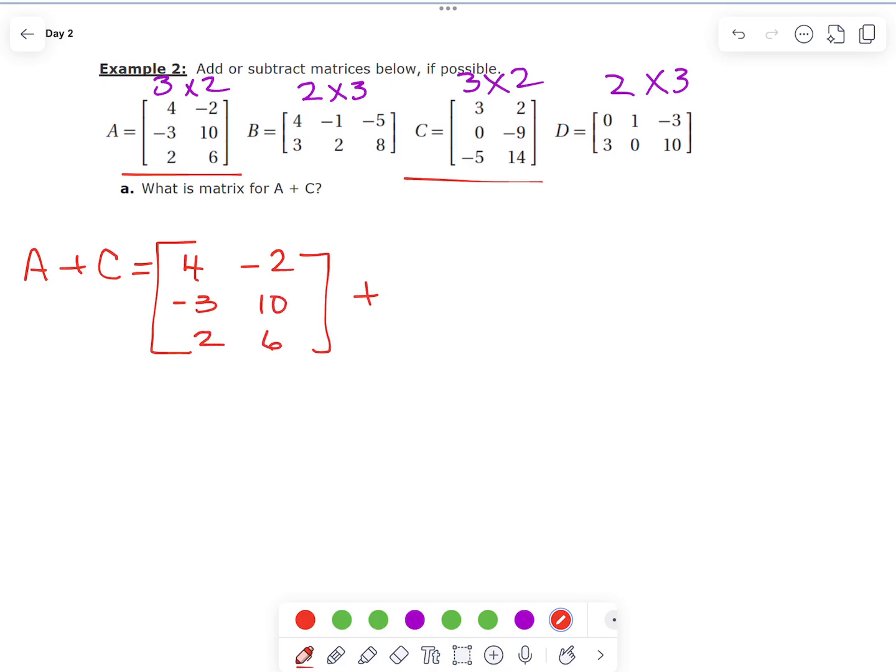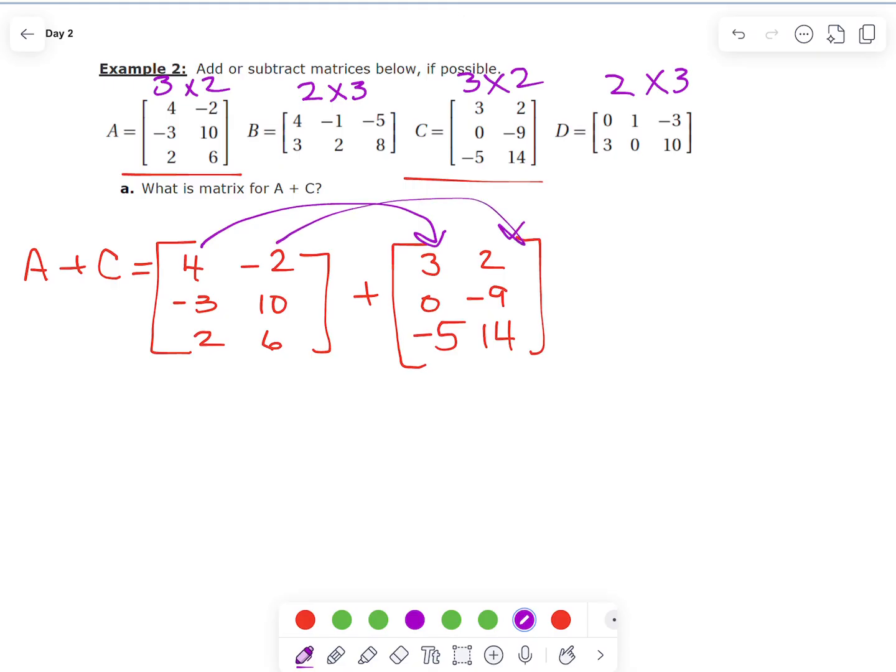And then C, and how we add is we add the corresponding elements. So here's what I mean. 4 and 3 are going to add together. -2 and 2 add together, and we continue doing that.